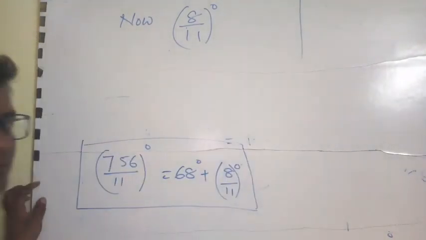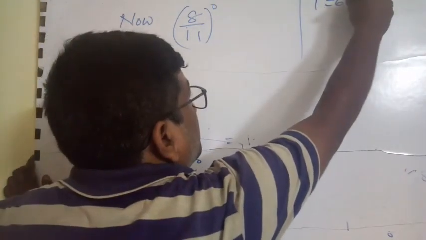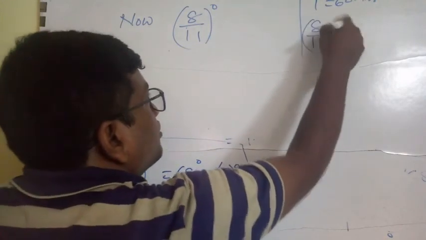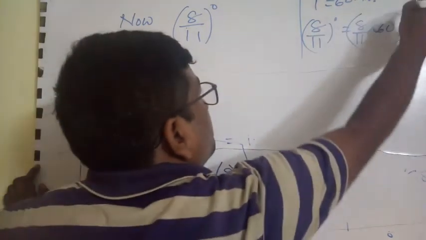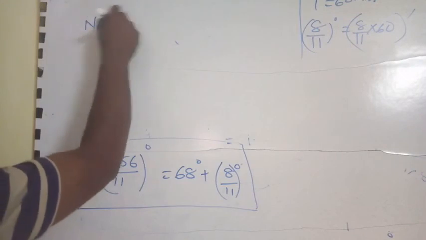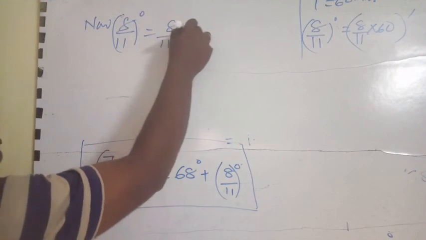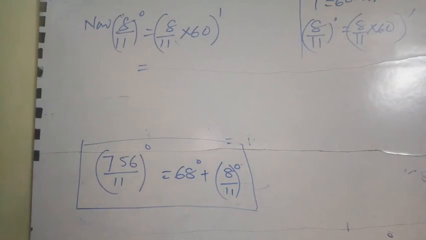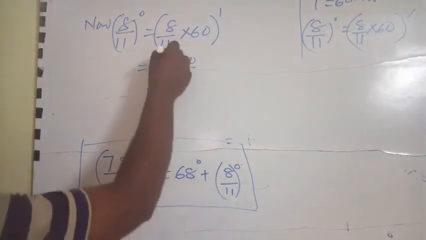Here 1 degree is equal to what? 60 minutes. So 8 by 11 degree is equal to 8 by 11 into 60 minutes. That is equal to 480 by 11 minute.